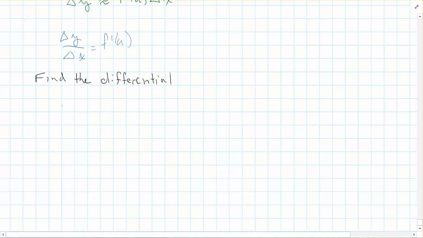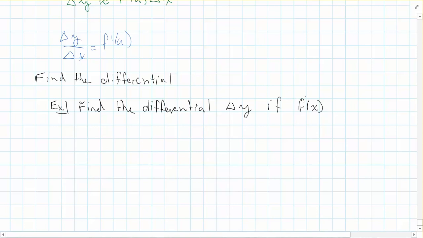Let me show you a couple examples here. Find the differential delta y if f at x equals x squared plus the natural log of x and a equals 1.